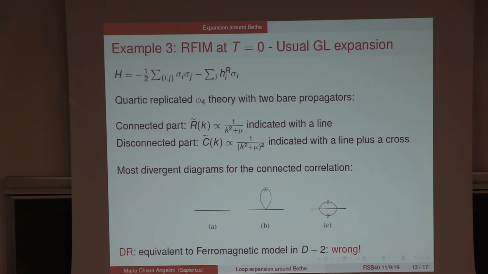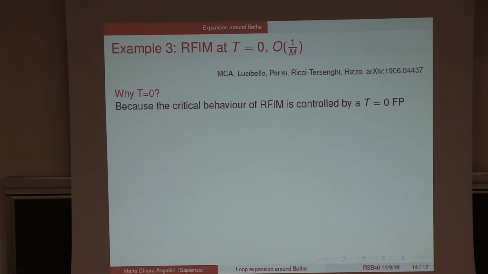You have some rules to construct the most divergent diagrams, and you can realize that looking only at the most divergent diagrams of the usual Ginzburg-Landau expansion, you obtain the dimensional reduction. I won't explain what dimensional reduction is because Victor did it this morning. Okay, so you know everything about it. So what about our expansion?